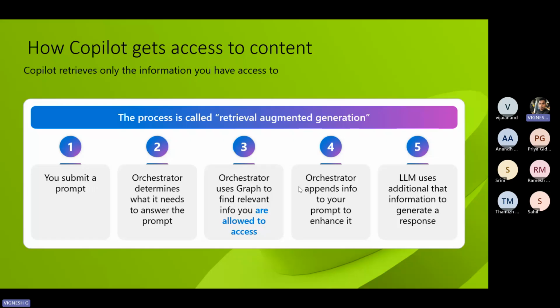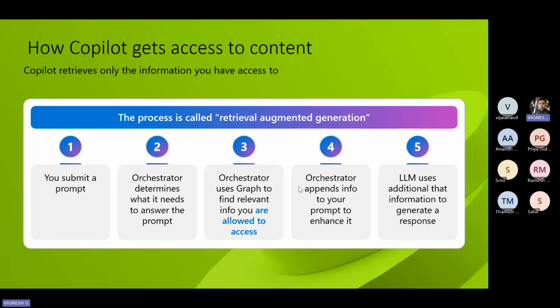And what happens is the Copilot orchestrator determines what it needs to answer the prompt. So it understands your question and determines what exactly it should be returning. This orchestrator goes and checks inside Microsoft Graph, because Microsoft Graph is the one powering all these results.